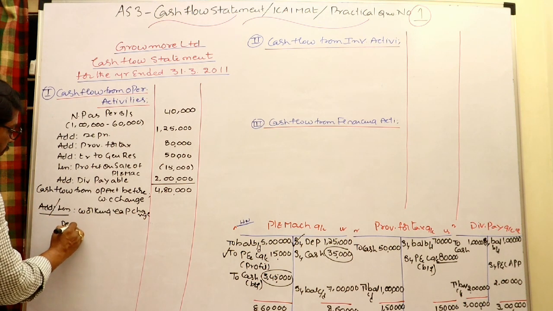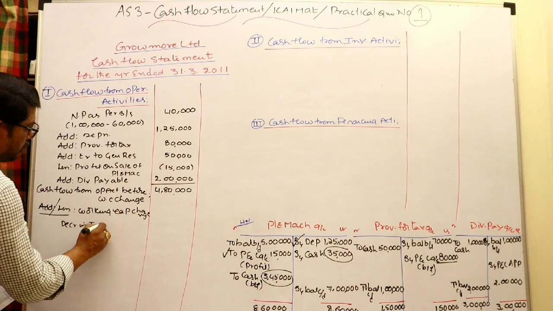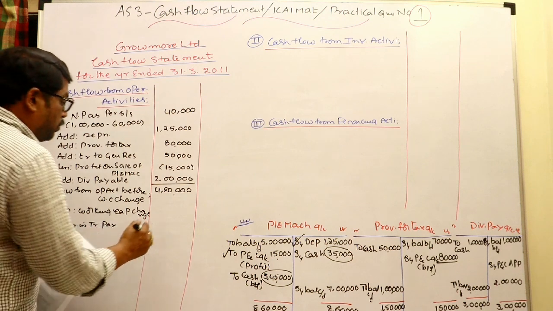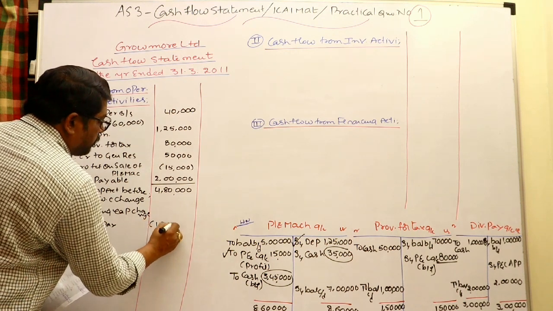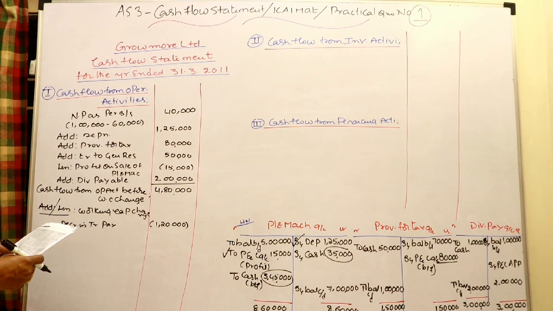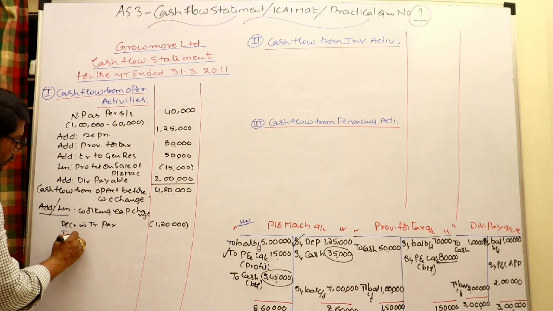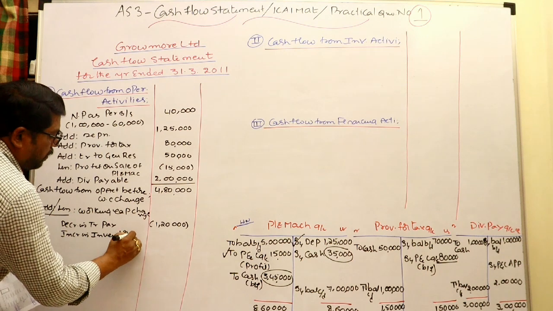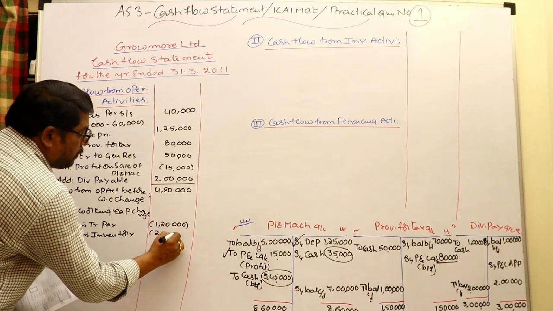Decrease in trade payable, outflow 1,20,000. Come back to the inventory: current asset increase, outflow. Increase in inventory, 2 lakhs outflow.